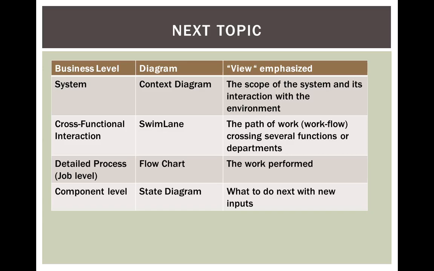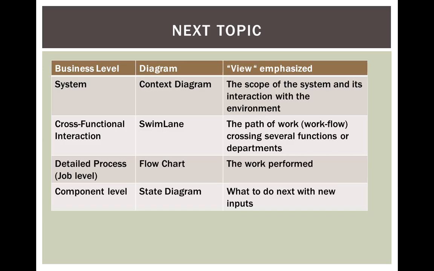Anyhow, the original topic of conversation was the context diagram, which gives the scope of the system and its interaction with the environment. The swim lane diagram shows the path of workflow. We'll talk about the flow chart next, and then the final diagram is the state diagram, which I'll get into next week.